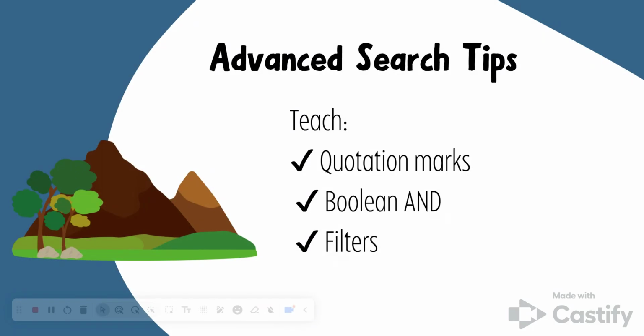The second tip is using Boolean operators and words like and. For example, using desert and climate in your database search. This tells the database to only show results that include both of those words, which might help you further refine your search and reduce wasted time.